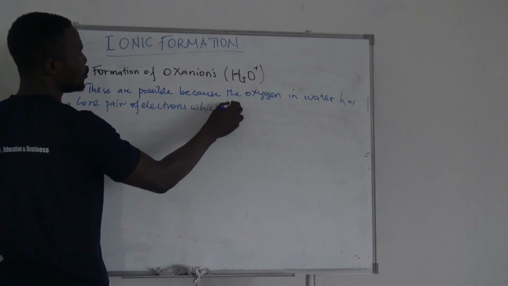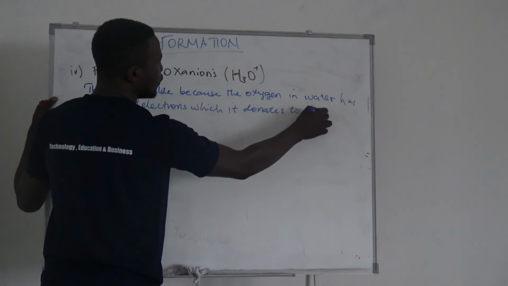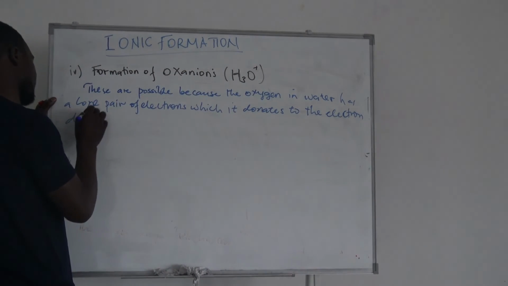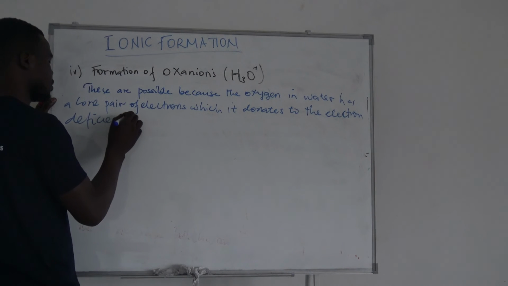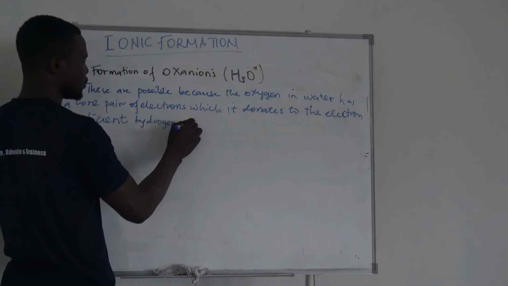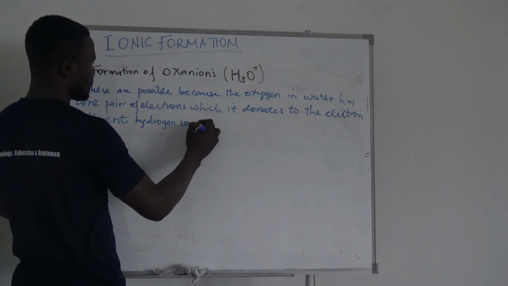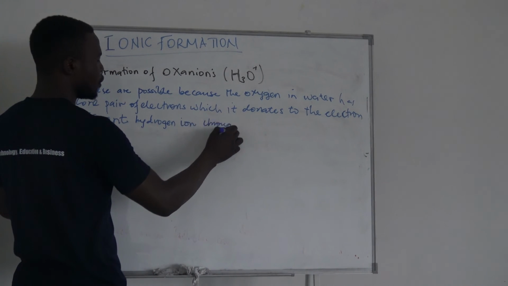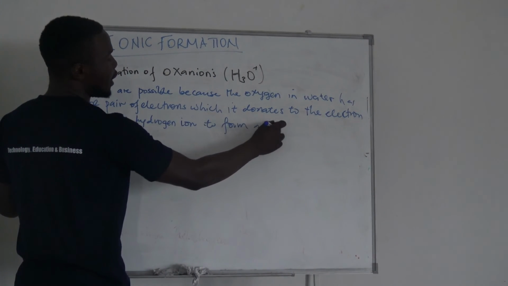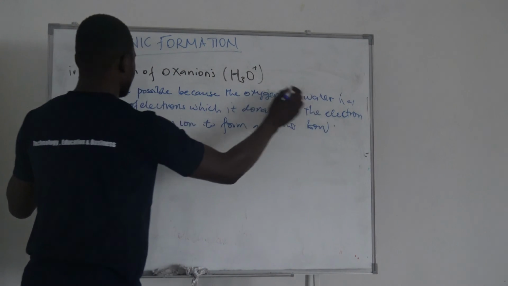which it donates to the electron deficient species. When I say deficient, I mean a species that is looking for electrons. So the electron deficient hydrogen ion forms a dative bond.